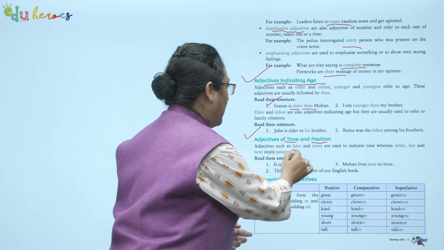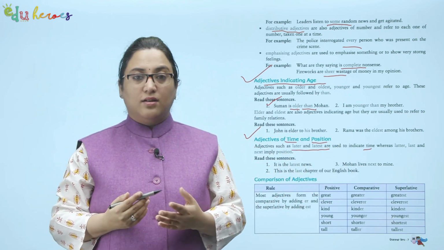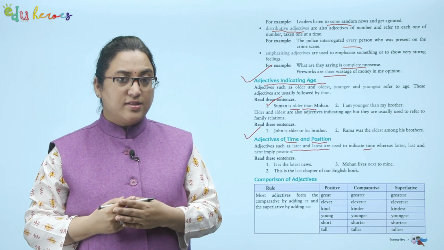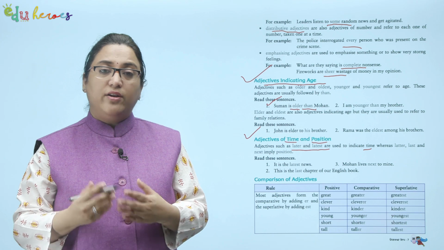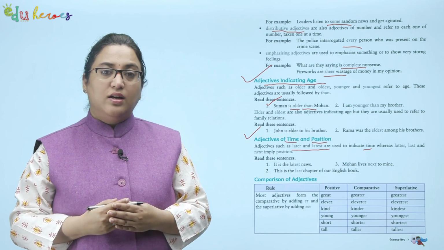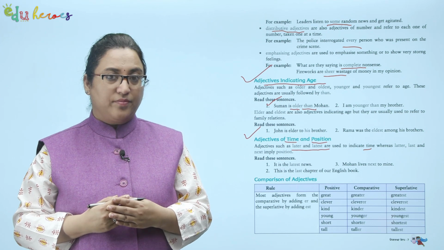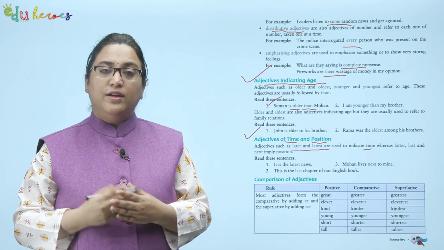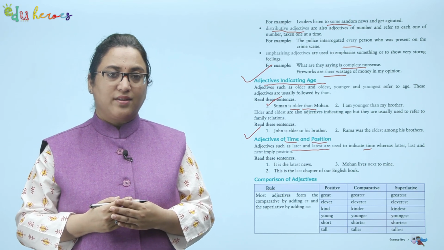So these two tell us time. Let's see them in these sentences. It is the latest news, means very, very recent one. This is the last chapter of our English book. And Mohan lives next to mine. So that is the position here.